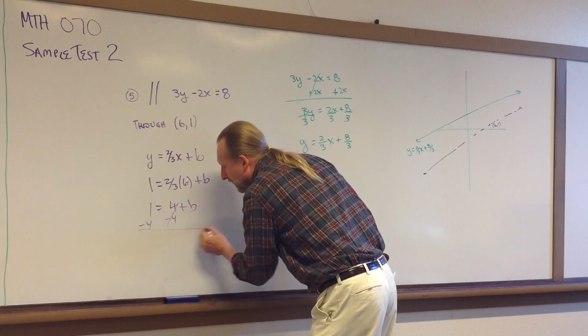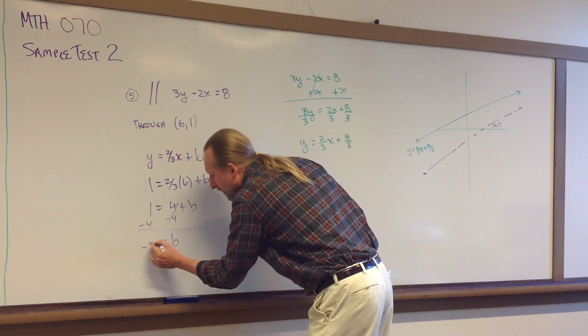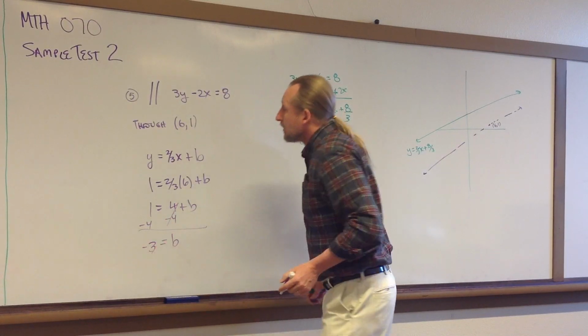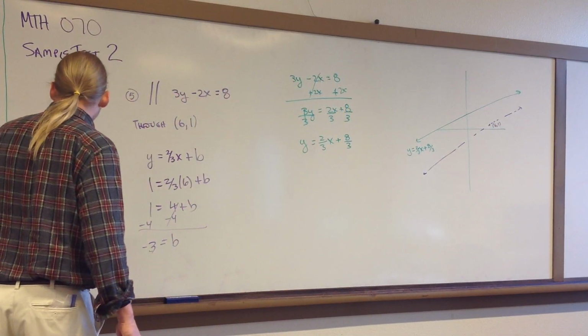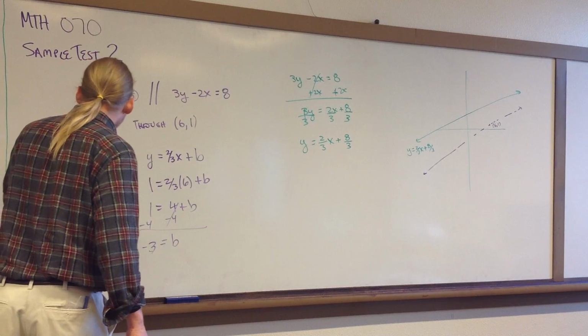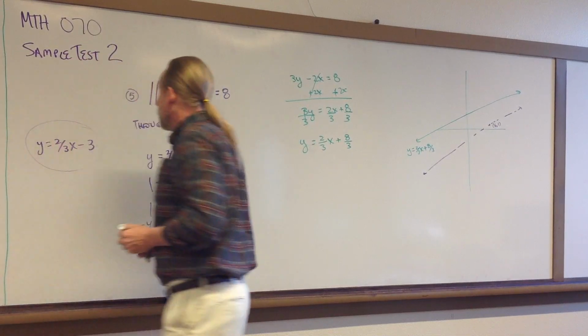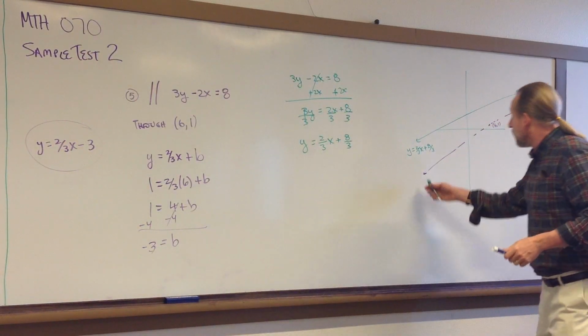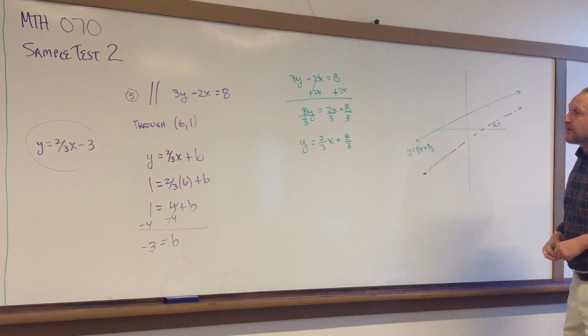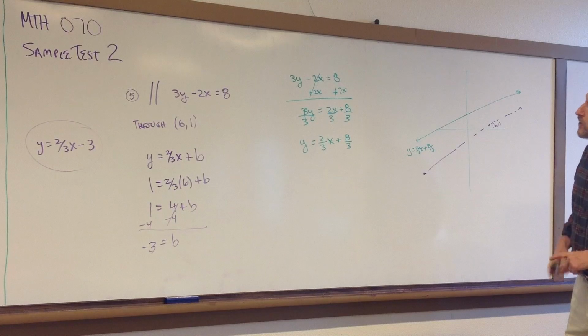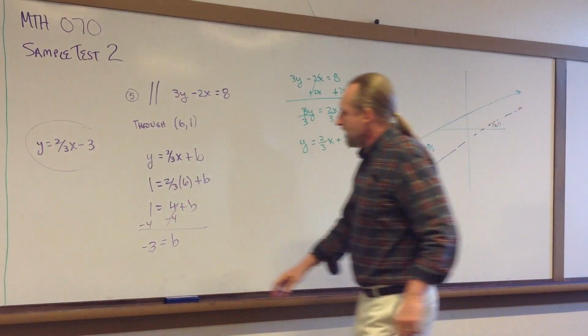And then get the b by itself. Here b is equal to -3. So the equation for this line that we're interested in is going to be y equals 2/3 x minus 3. And that's the equation for this purple line right here. And yeah, it looks like we've got a y-intercept of -3 down there. Okay, that's problem 5.